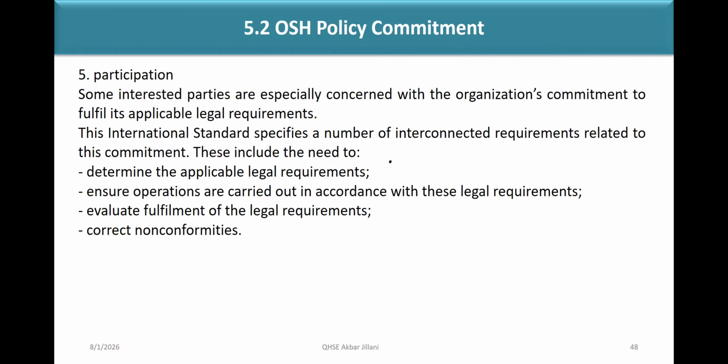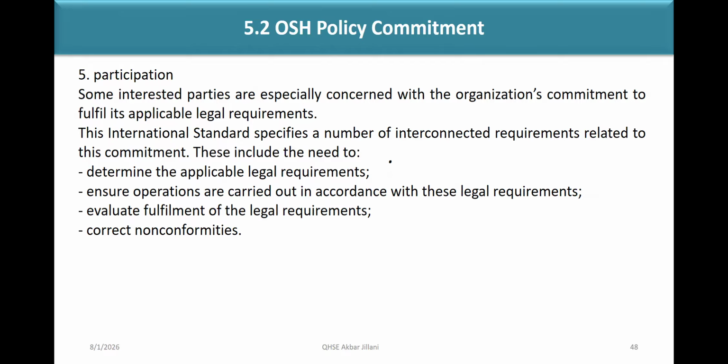Now we are coming to another one, participation. Some interested parties are especially concerned with the organization's commitment to fulfill its legal requirements. This international standard specifies a number of interconnected requirements related to this commitment.